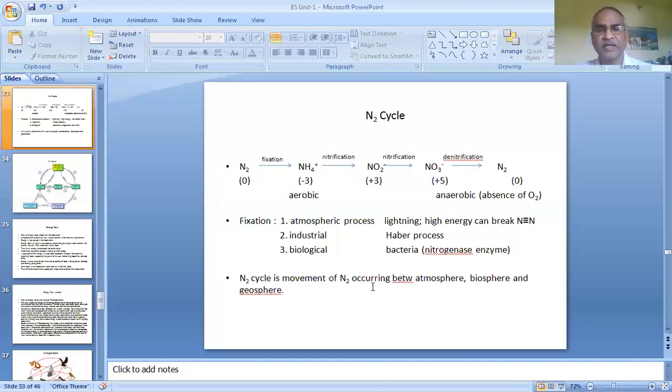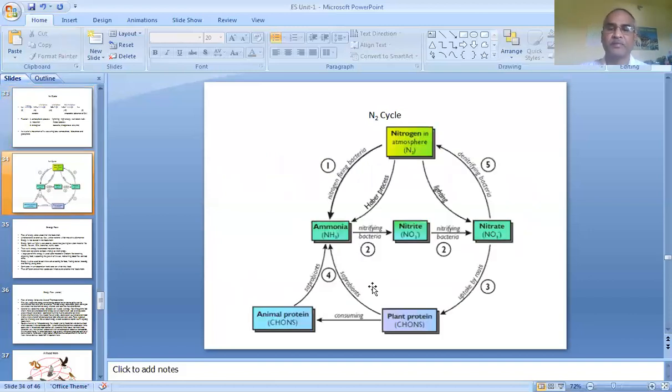Let me show you the diagram of how the cycling of nitrogen takes place. It starts from atmosphere. Nitrogen fixing bacteria process nitrogen, break the bond and make ammonia. And then ammonia, using nitrifying bacteria, is converted into nitrites.